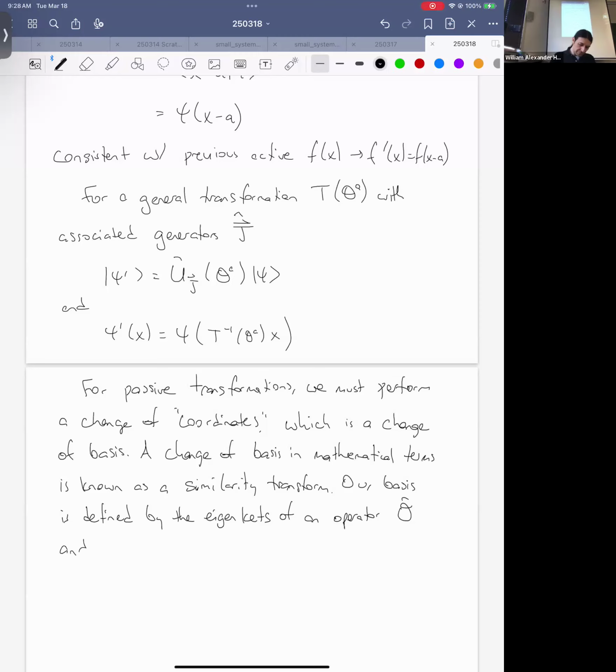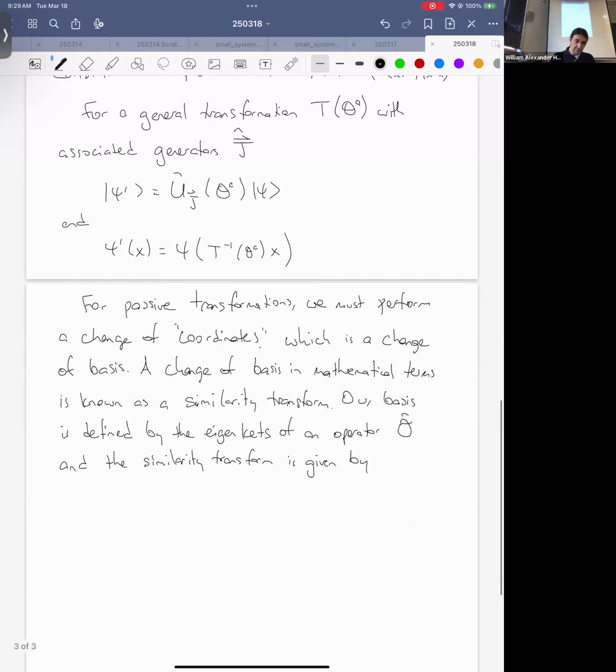And the similarity transform is given by, so in general, my O hat prime is defined as the inverse unitary operator for the symmetry transformation, and then my O hat, I'm going to try to make my thetas clearly different from my O's, and then my transformation, again, theta A so far.